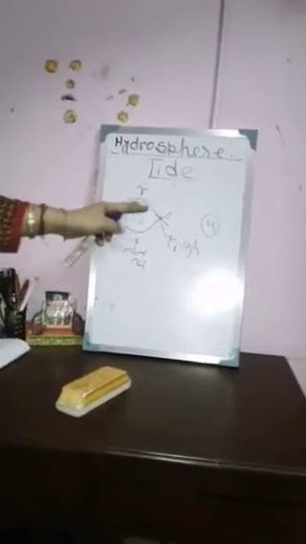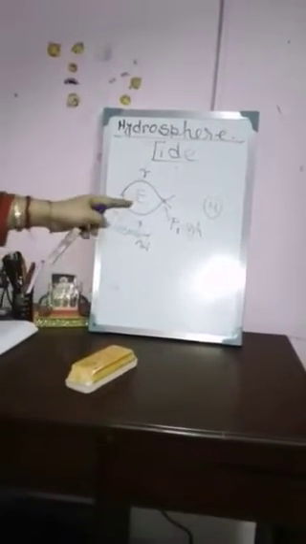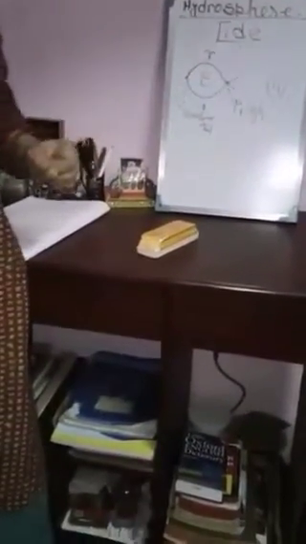So these two points, L and L1, will experience a low tide. So there are 4 points: P1, P2, L and L1. P1 is the primary high tide, P2 is the secondary high tide, and L and L1 experience low tide. So this is the gravitational effect of the moon.